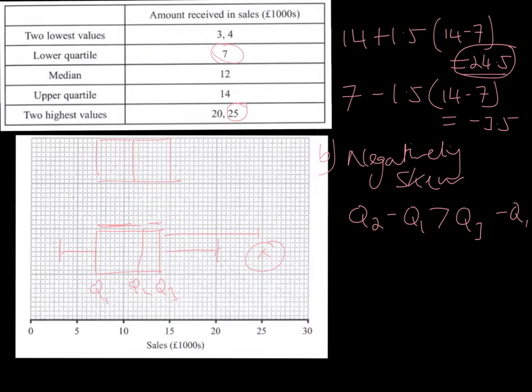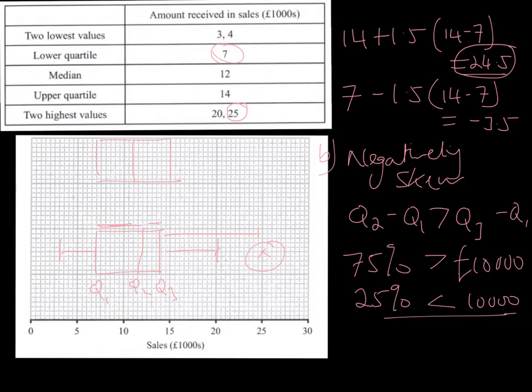In the final part of question 1, we are told that the company claims that for 75% of the months, the amount received per month is greater than 10,000. We're asked to comment on this claim, again giving a reason for your answer. Now, if for 75% of the months the amount received is greater than 10,000, we can also flip that and say that for 25% of the months, the amount received is less than 10,000.